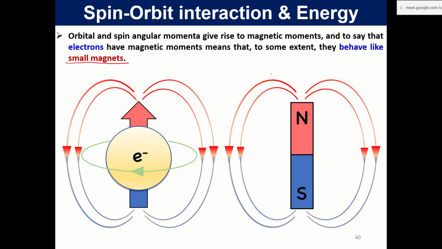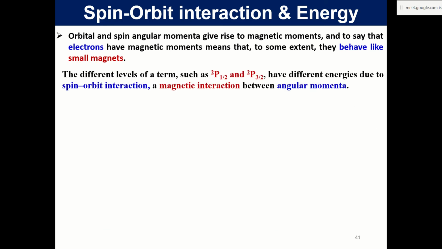The spin generates a magnetic moment, so that is to be considered as one tiny magnet, and the orbital motion also generates a magnetic moment, so that becomes another tiny magnet, and then it is the interaction of the two magnets. That's how you have to consider things.